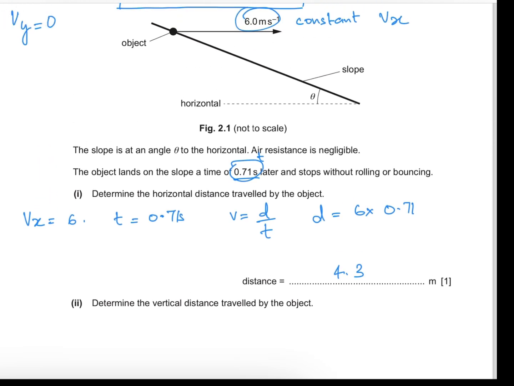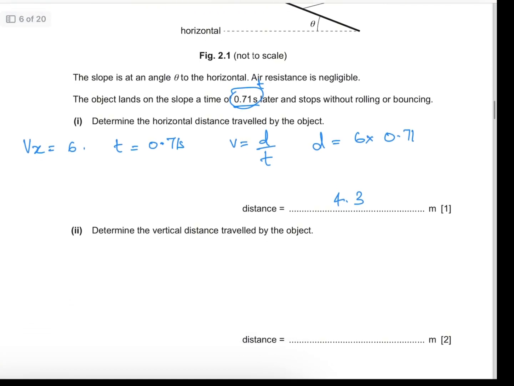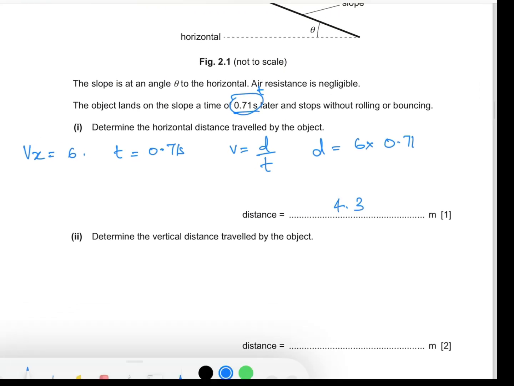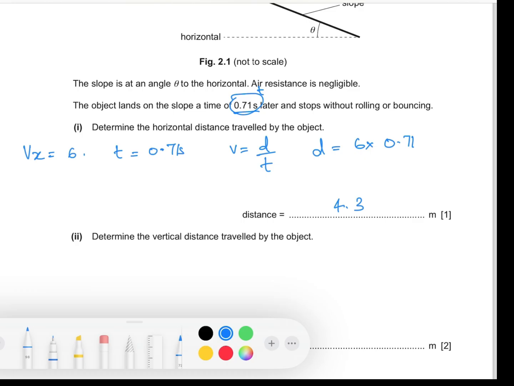Okay, as I mentioned earlier, you need to have your knowledge for projectile motion to answer this question. And in the vertical dimension, there's always going to be the gravitational force acting on an object in motion, which leads to the acceleration being 9.81 meters per second squared.